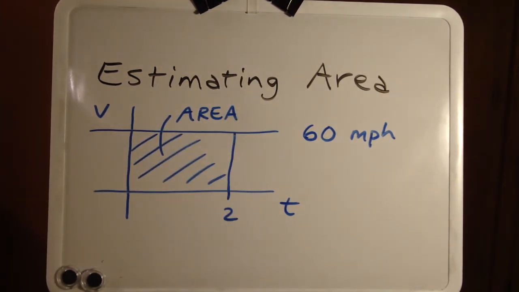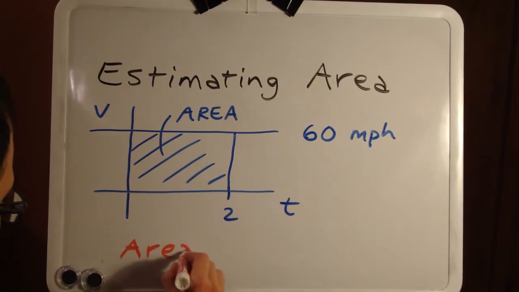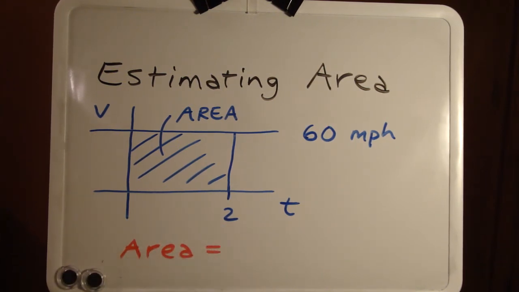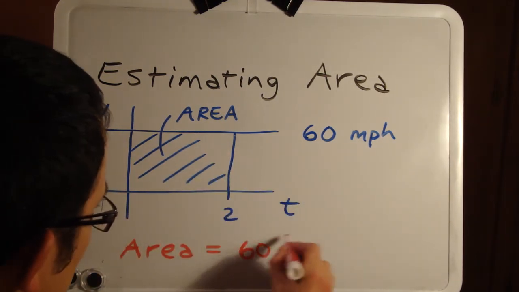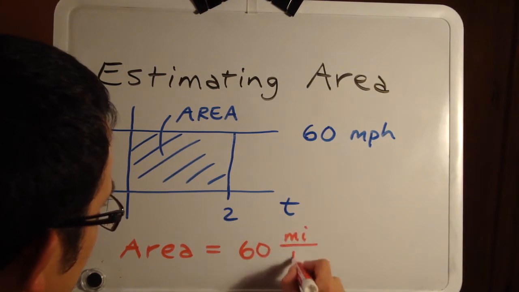So this has some really important applications, or definitely some important meaning in calculus. So when we calculate the area of this, it's going to be very simple because it happens to be a rectangle. So the area here we can get by multiplying two numbers, right? Just by looking at the height of the rectangle, that will be the 60. So I'm going to write this as 60 miles per hour.